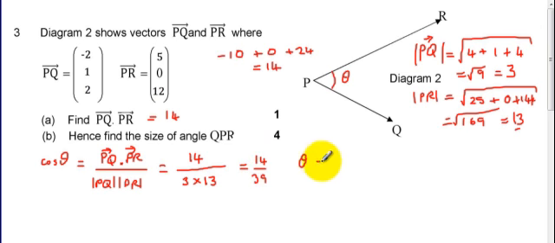So to find theta, we do cos inverse of 14 divided by 39, which gives us 69 degrees. So angle QPR is equal to 69 degrees.